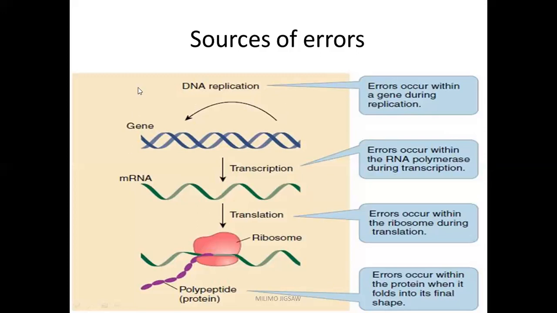So a mutation can occur in a gene, and this mutation in the gene will affect the other processes of transcription, translation, and the folding of the protein. So these are some of the sources of error that occur when you are looking at the central dogma of molecular biology. So we're going to concentrate on gene mutation.